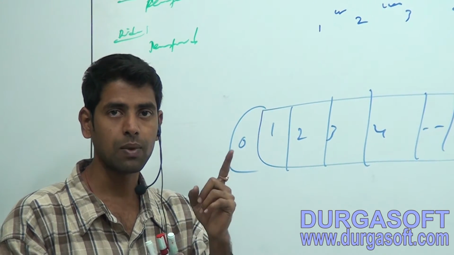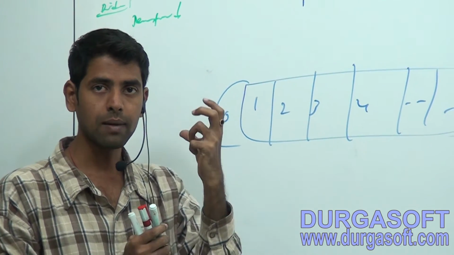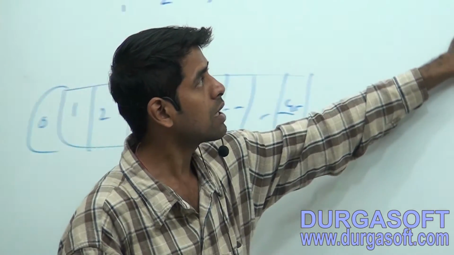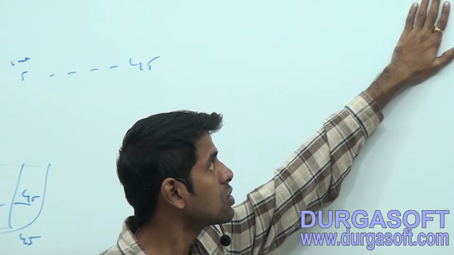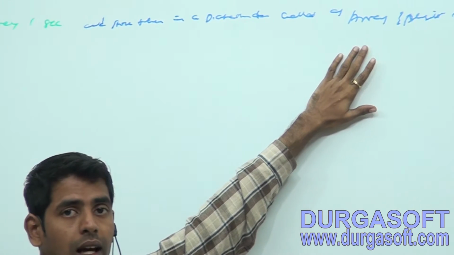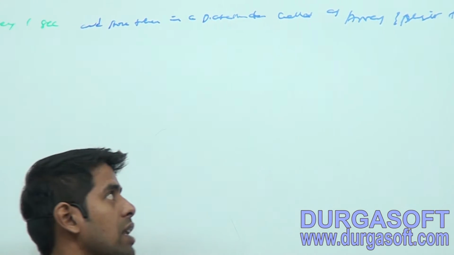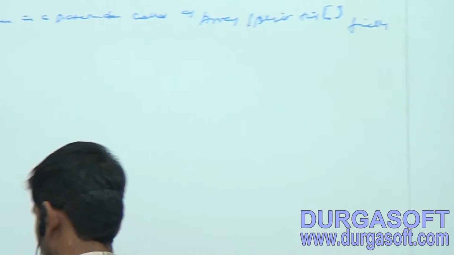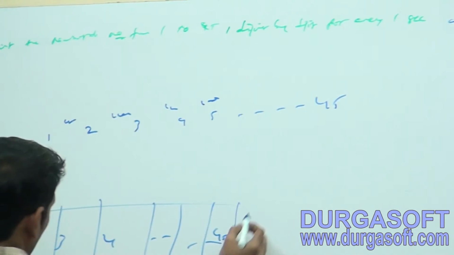That is, in each 1 second I am going to print only 1 digit. After that, store them in a data structure called an array, and print that array finally, after storing.